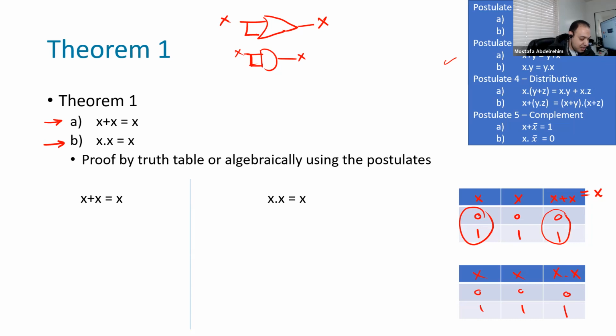Now, how to prove them in algebraic form? Let's start with x or x equals x. We have here the left-hand side, and here is the right-hand side, and we should prove it.